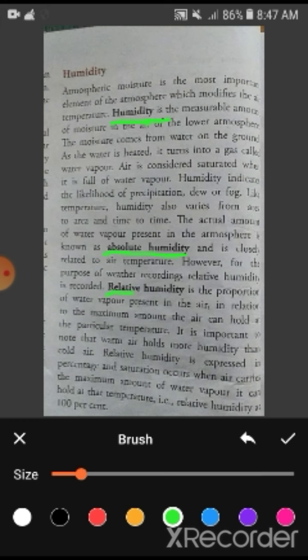Relative humidity is the proportion, that means the ratio, between the amount of water vapor present in the air and the maximum amount of water vapor the air can hold. So it is a ratio between two. Absolute humidity is expressed in grams per cubic meter, and relative humidity is expressed in percentage.